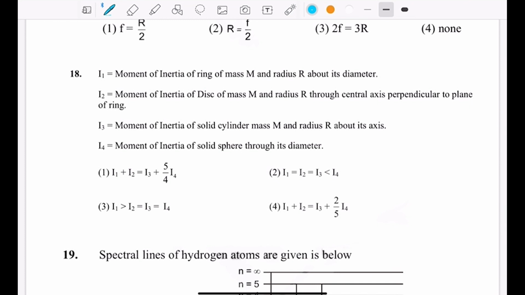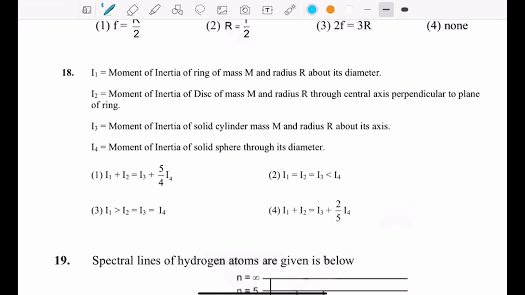Okay, next. Moment of inertia of ring of mass m and radius r about its diameter. This is ring. About diameter it will be mr square by 2. This is I1.